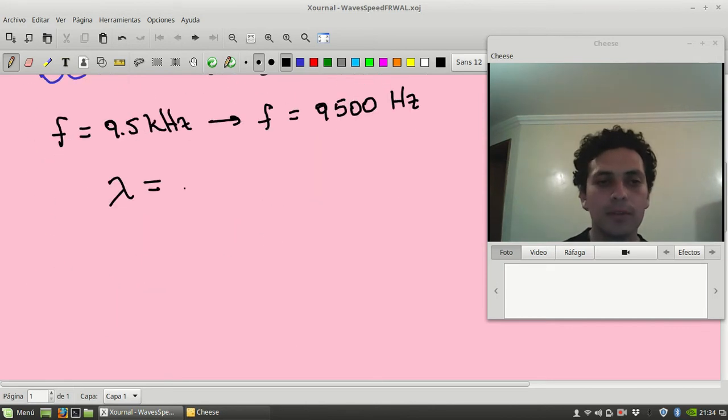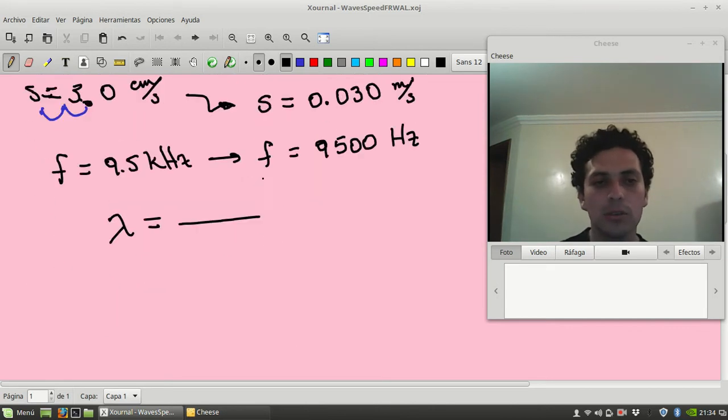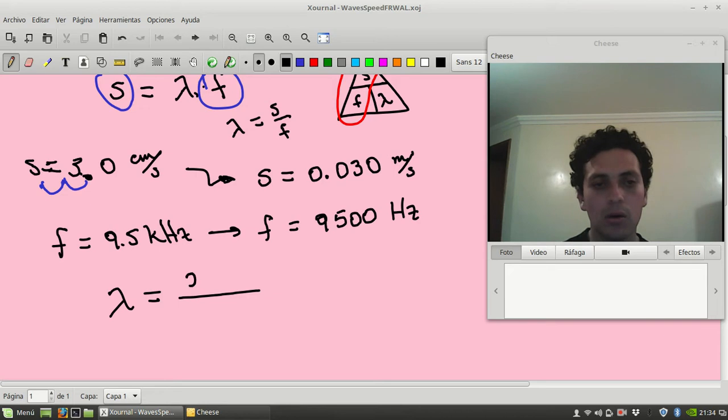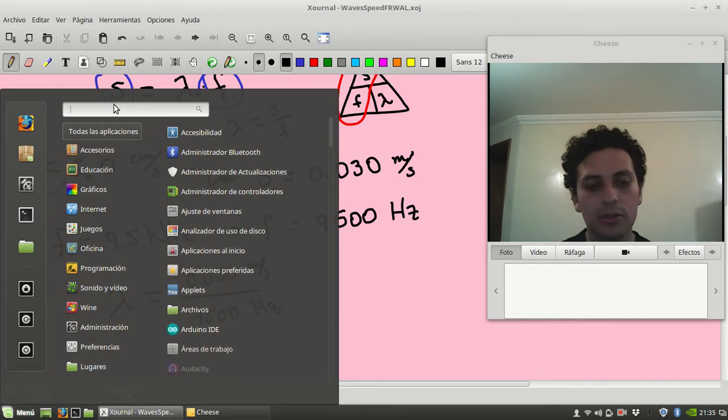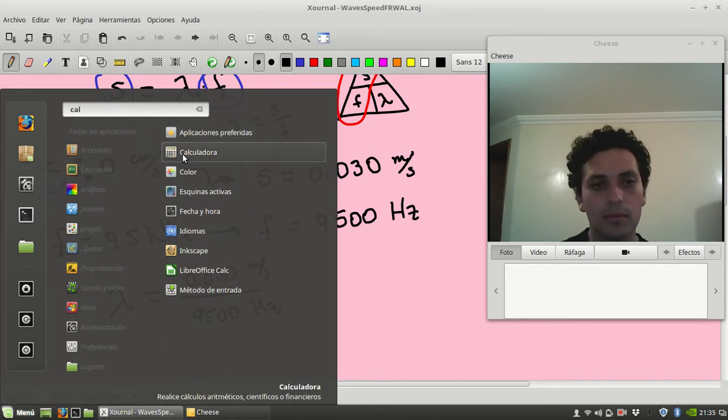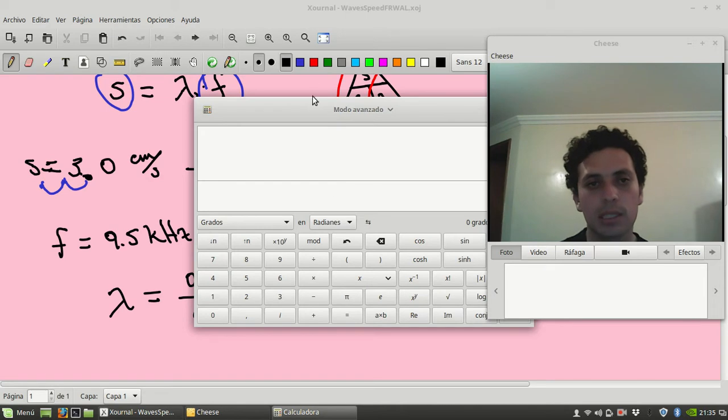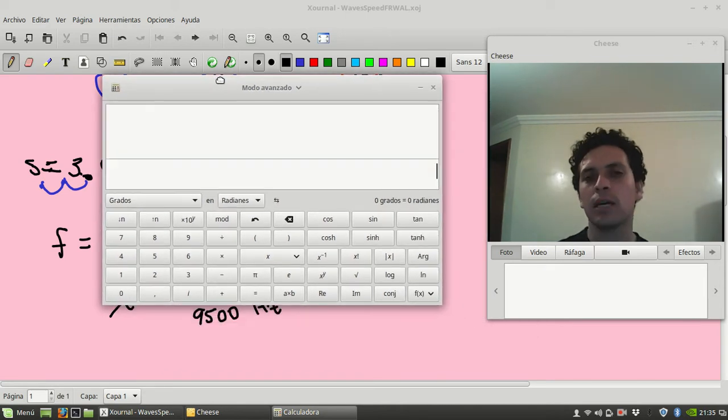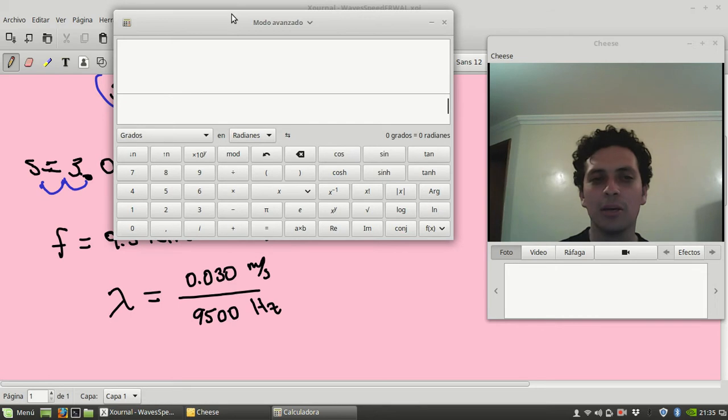So the only thing we have to do is to divide the speed, 0.030 meters per second, over 9,500 hertz. In this case I'm going to use a calculator. Even to divide numbers, it's good to use a scientific calculator.